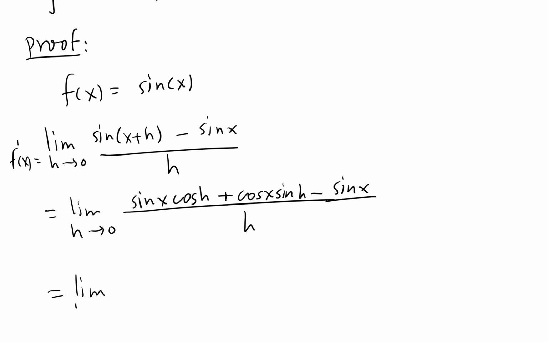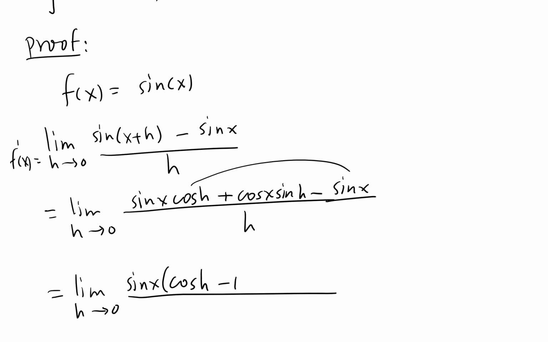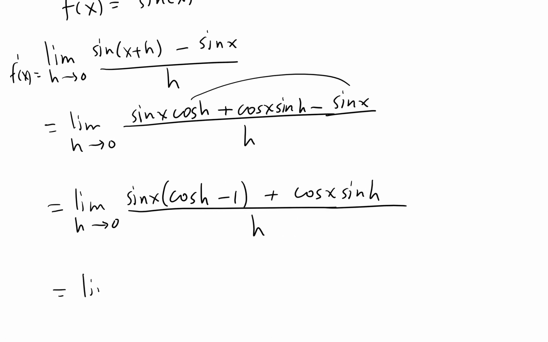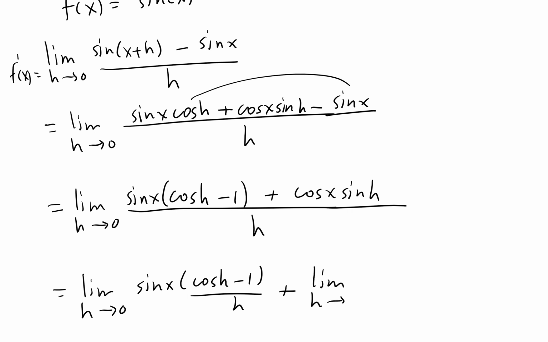And now to work this out in a smart way, we group these two together by factoring sine x out. That will give sine x times cosine h minus 1, plus cosine x sine h, all over h. The limit as h goes to 0, we take this cosine h minus 1 all over h plus the limit as h goes to 0 of cosine x sine h all over h.